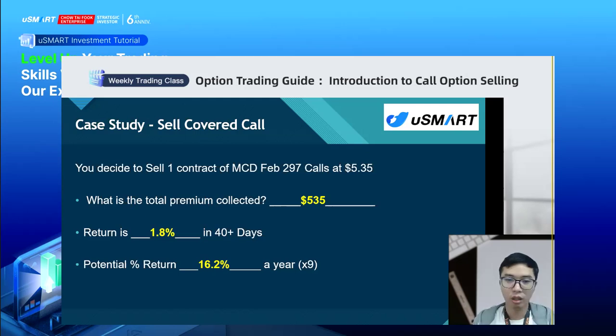So while you're waiting for the stock price to go from A to B, say from 296 to 300, you can get a better return while waiting for the price to hit the strike. It can lower your risk in the market because you get additional income to buffer your portfolio. This is a very win-win situation.